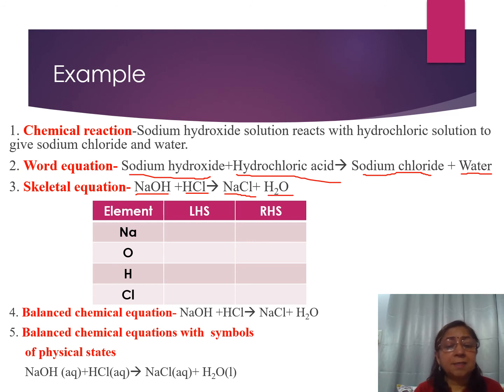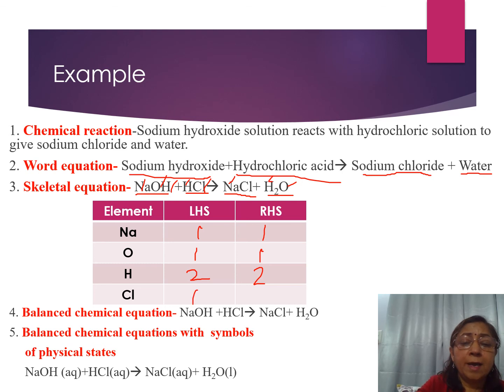Now, we will balance the number of atoms of each element. Sodium on the left hand side is 1, on the right hand side is 1. Oxygen on the left hand side is 1 and on the right hand side is 1. Hydrogen on the left hand side is 1 plus 1, 2, and on the right hand side 2. Chlorine on the left hand side is 1 and on the right hand side is 1.